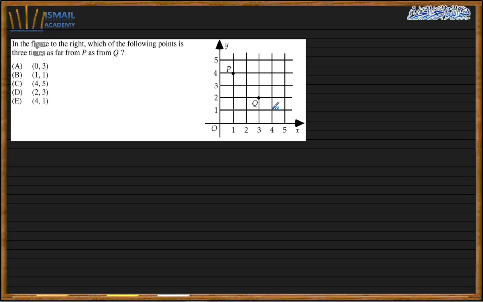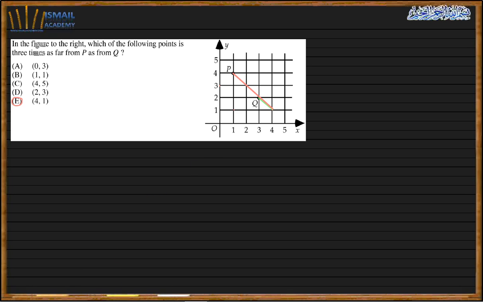And I think 4, 1. This is 1 unit and this is 3 units. So E is my choice. If you want to see it, this is only 1 away from Q, but it's 1, 2, 3 away from P.